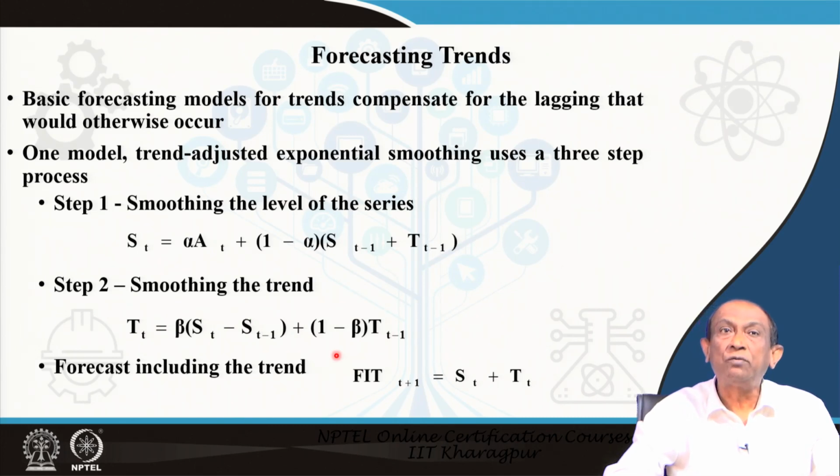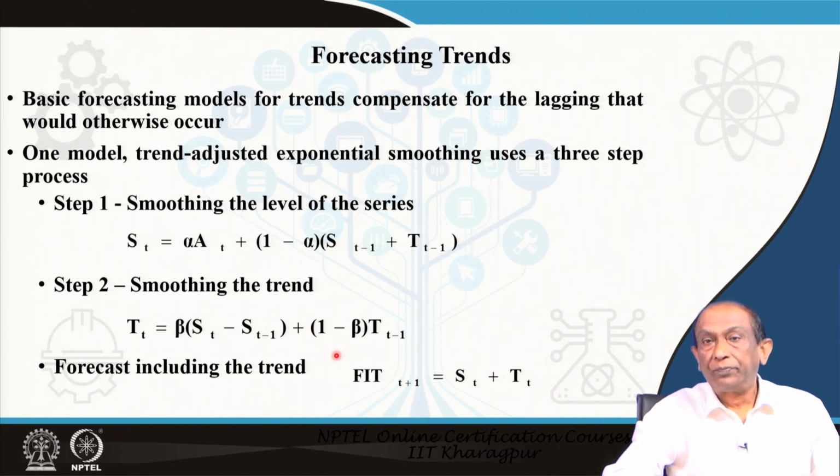So, these basic forecasting models for trend compensate for the lagging that would have occurred if we had deployed only single exponential smoothing models. One such particular model, which is basically known as trend adjusted exponential smoothing, uses the following 3 steps.